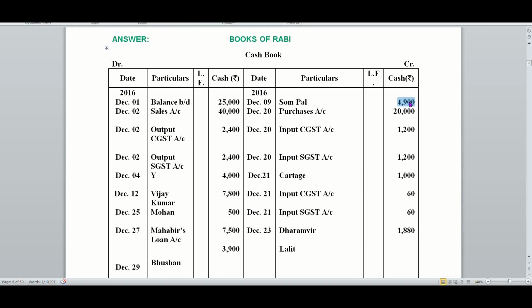Then it is coming 12th December, receipt from Bijoy Kumar 7,800 and discount allowed 200.